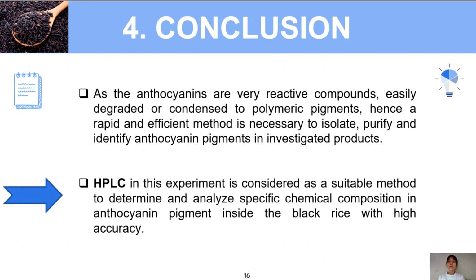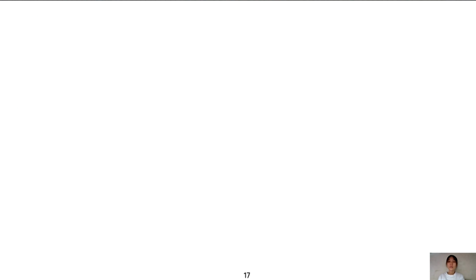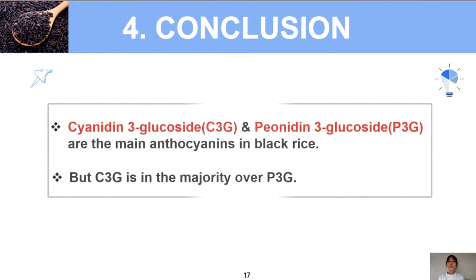And HPLC in this experiment is considered a suitable method to determine and analyze specific chemical composition in anthocyanin pigment inside the black rice with high accuracy. To sum up, cyanidin-3-glucoside and peonidin-3-glucoside are the main anthocyanins in black rice, but C3G is the majority over P3G.